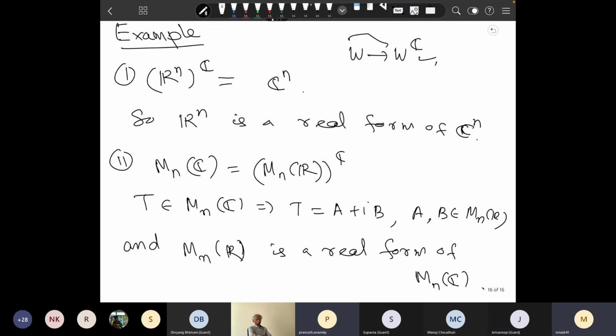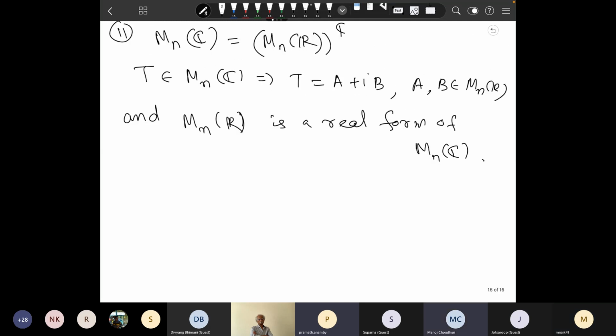If you take the symplectic group and the corresponding matrix, it will be minus J, the matrix which corresponds to the symplectic group Sp_2n(R).